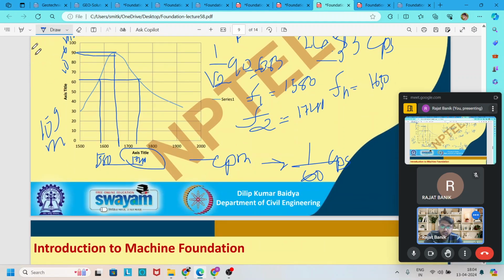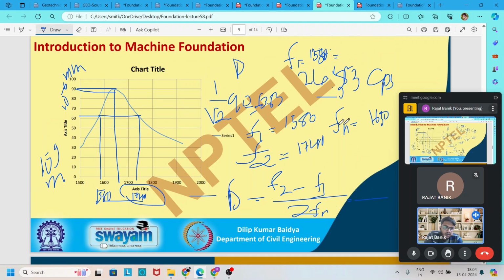Put all these values in the half bandwidth equation, which is D equal to (F2 minus F1) divided by 2 Fn. F2 is 1740, F1 is 1580, then Fn is 1650 into 2.